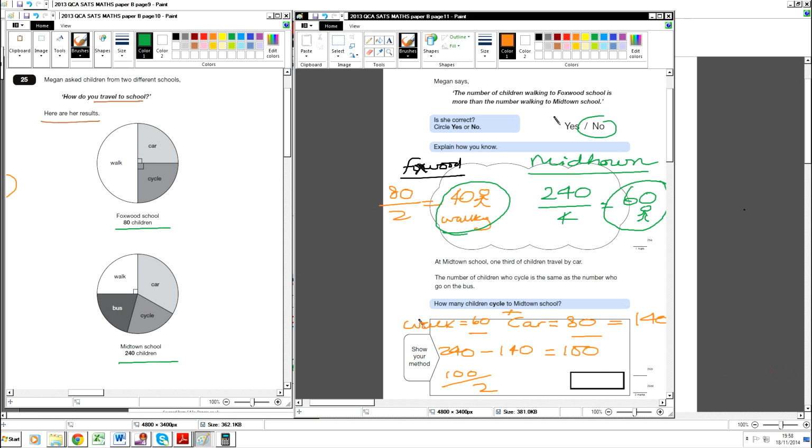So 100 divided by 2 will give us an answer of 50. Is that right? Hang on one second. Okay, so the answer for that one will be 50 children. Okay, that's the end of the paper. Is that right? End of the paper, folks? Yeah.